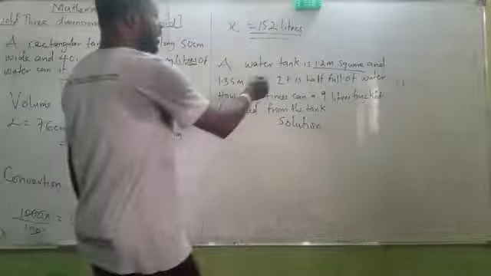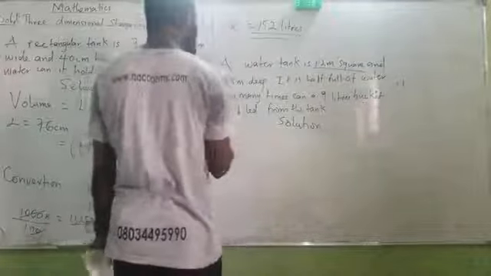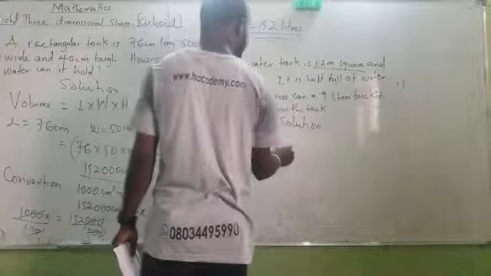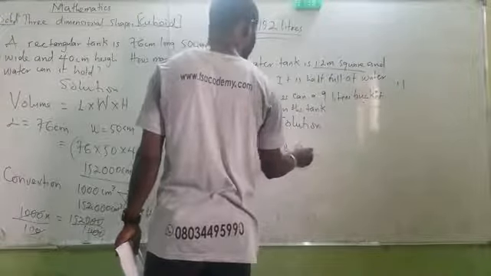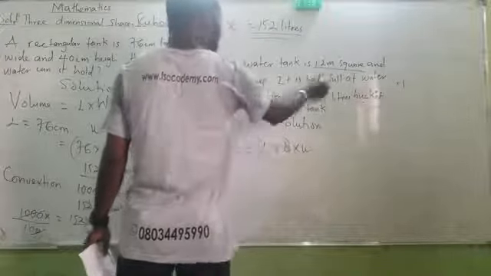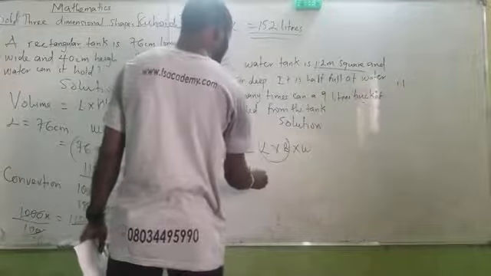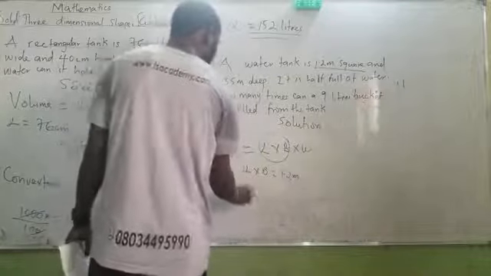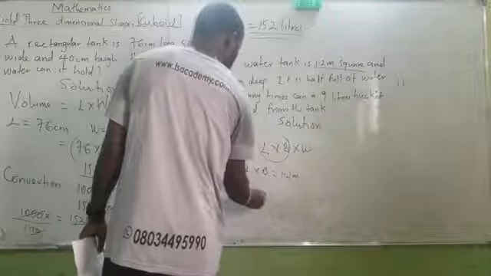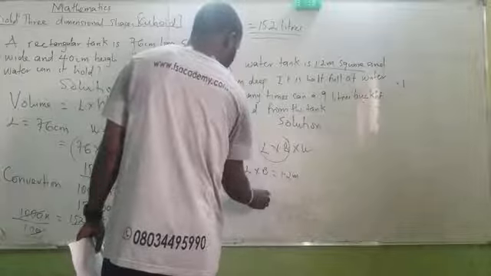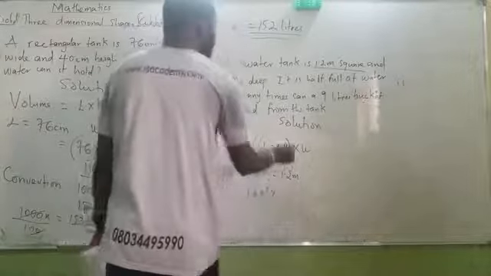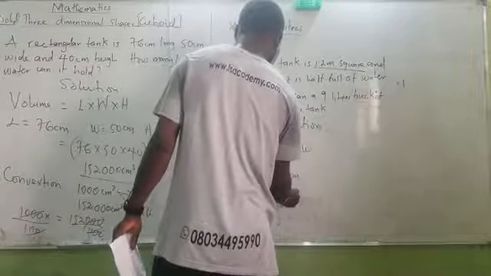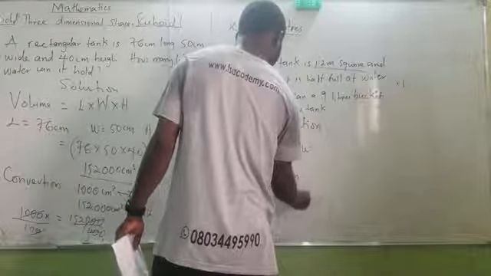Now, this is a square, and don't forget that it's a water tank. It means volume will be equals to length, breadth, and width. Now, this is a square. Are you with me? It means my length, breadth equals to 1.2 meter. Now, it means my volume will be 1.2 meters squared multiplied by 1.35 meter.